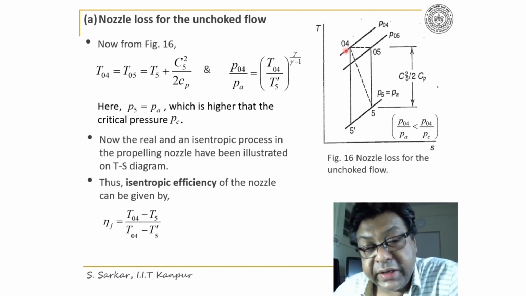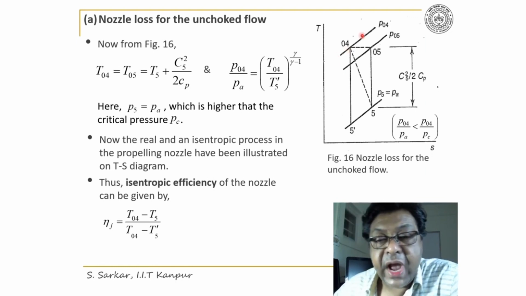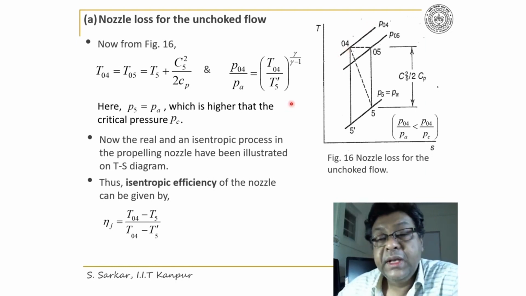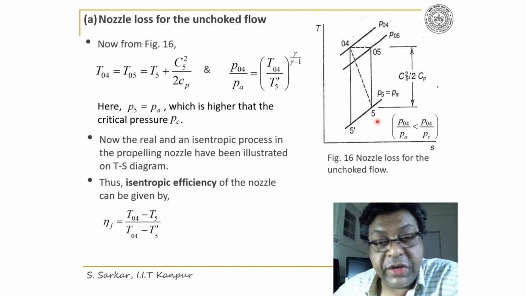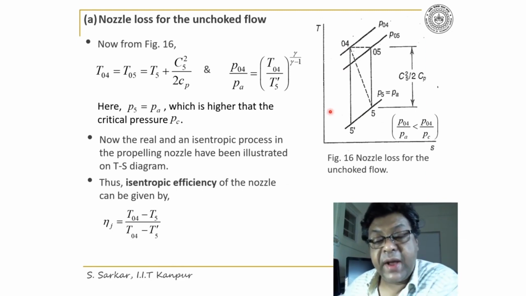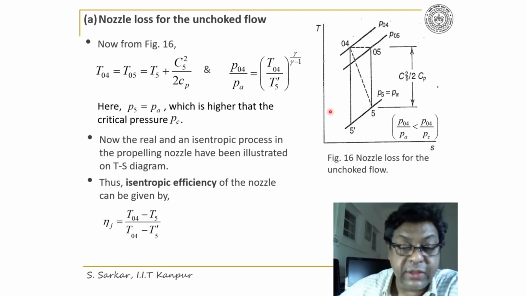So I have indicated here the state point 04 in the T-S diagram and P04. And 04 to 5, which has been shown by the dotted line, is the actual expansion of gas occurring in the nozzle.